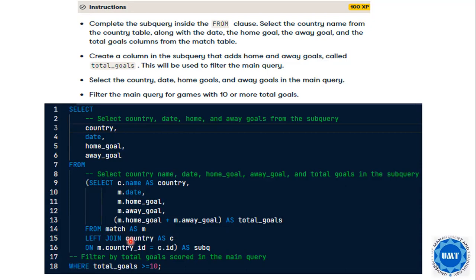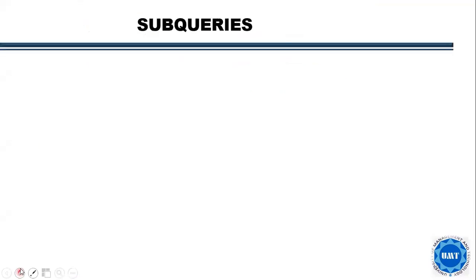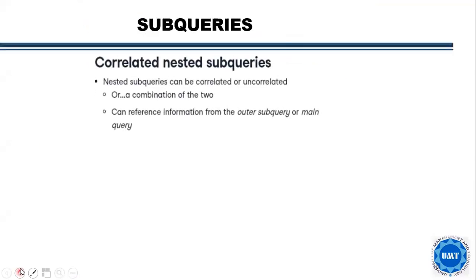So match from match as M, left join country as C on M country is equal to C.id. Where the total goals, here the filter query is given. Total goals is more than that. So this is all.